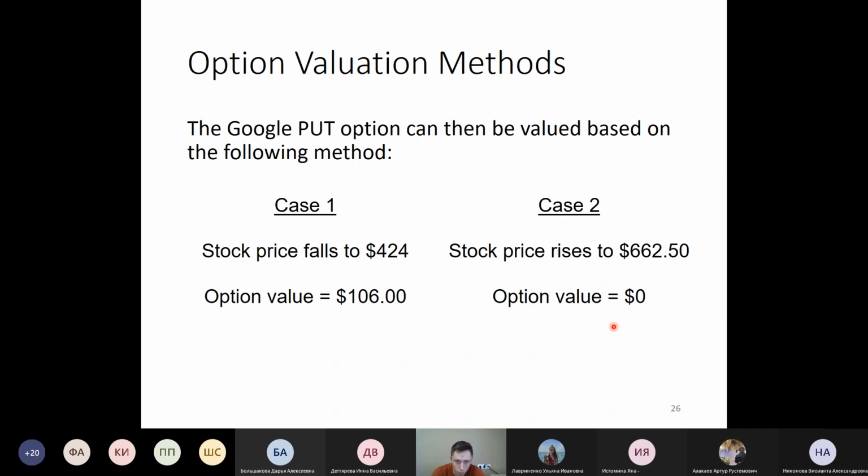If we talk about the put option, the principle would be the same, but the same changes in asset price lead to the opposite result for the option value. If the stock price goes down, option price goes up. If stock price goes up, option price of the put option goes down or approaches zero.